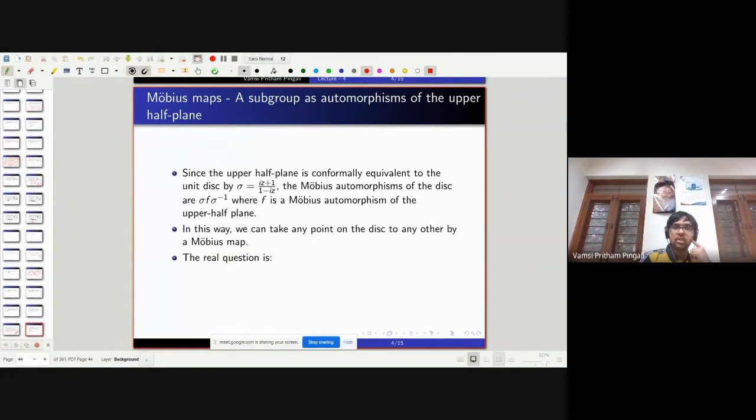The real question is, is every automorphism of this form? What does this question mean?